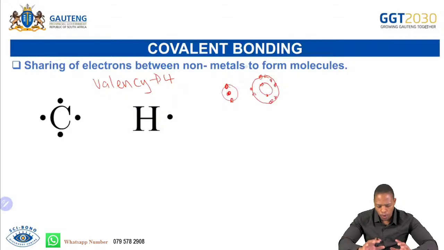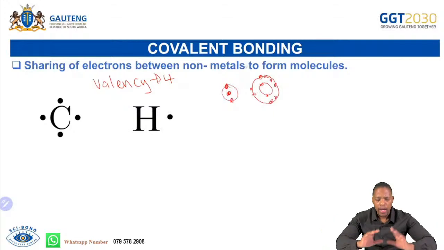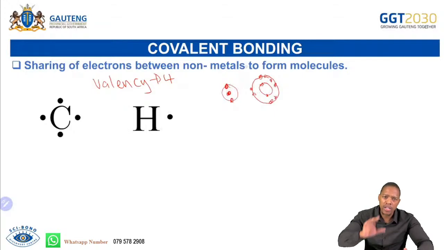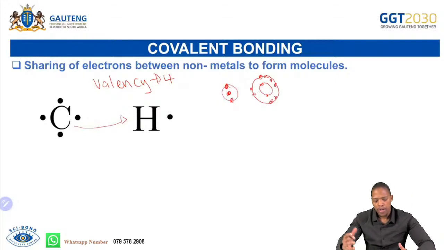Okay, so both of them are unhappy. Because carbon has this ability of forming a carbon-carbon chain, this long carbon-carbon chain, he wants to continue doing this and be happy, meaning he wants to do this with 8 electrons. So what does carbon say? Carbon approaches hydrogen and says, hydrogen, can you come over and give me your electron? I want that electron.